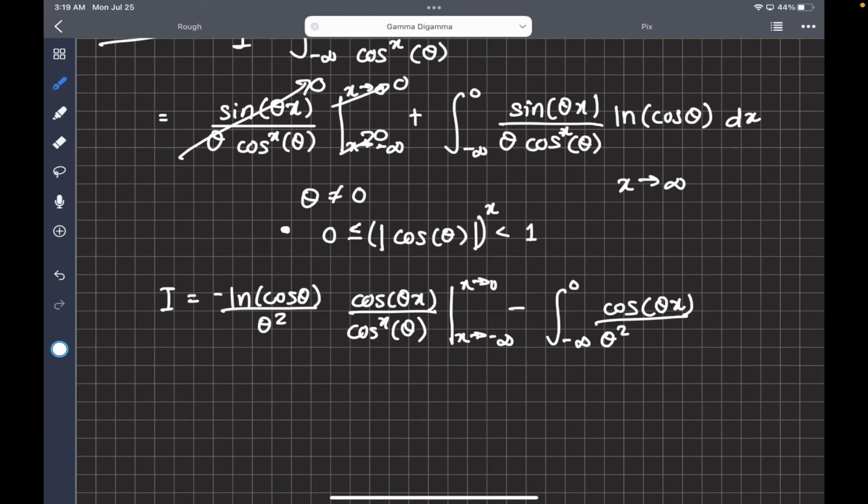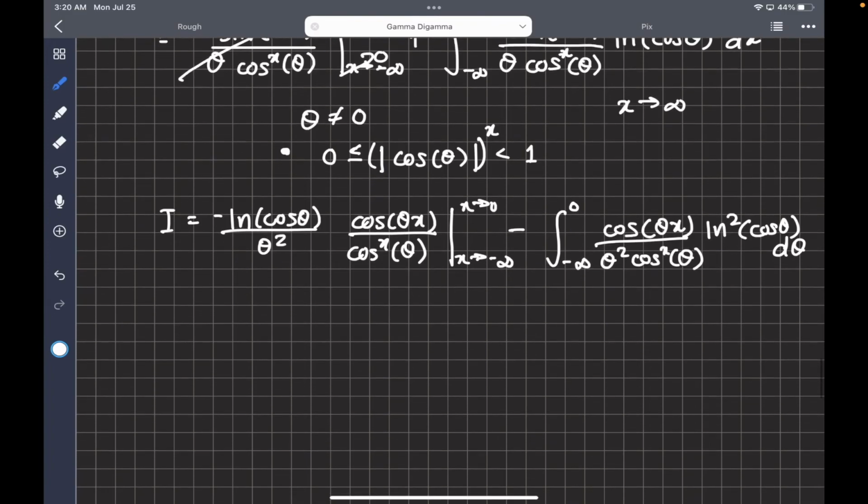Well, the two minuses, one from the integration and one from the differentiation, will cancel off. We're just left with the minus from the integration by parts procedure. We have a natural log squared of cosine theta d theta right here.